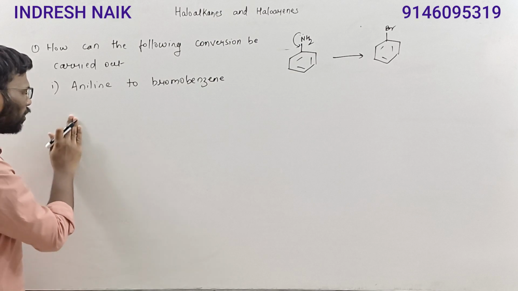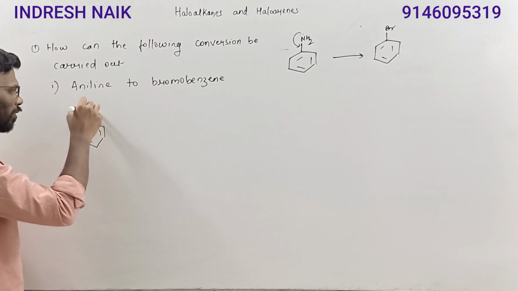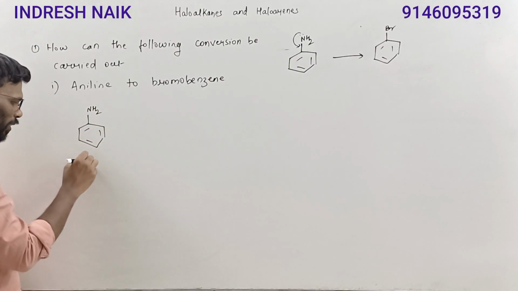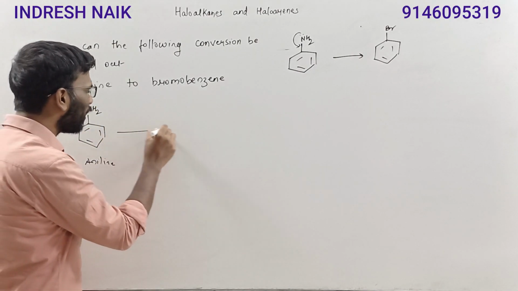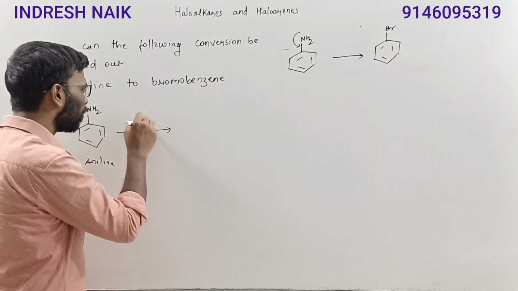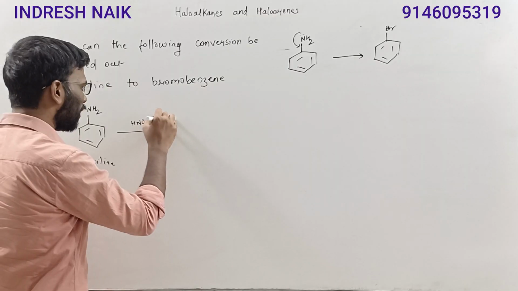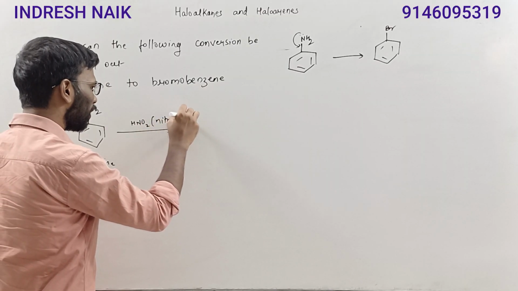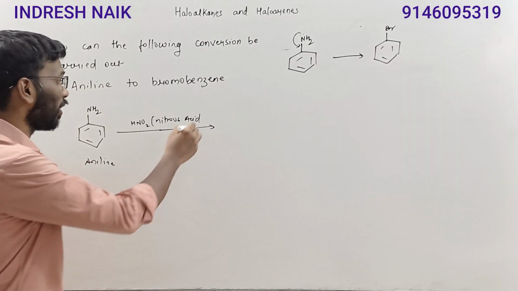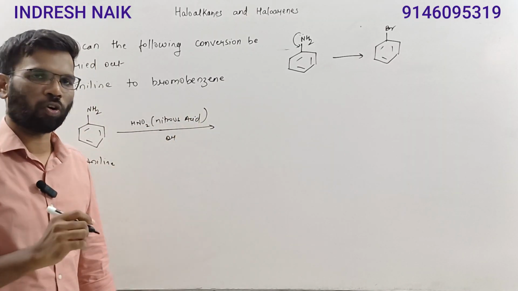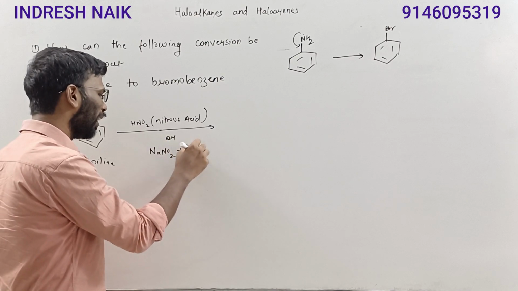So what is first done is this: a primary aromatic amine. The name of this is aniline, right? It is reacted with nitrous acid, HNO2. This is called nitrous acid. The same reaction could be represented in reagent form as NaNO2 plus HCl.